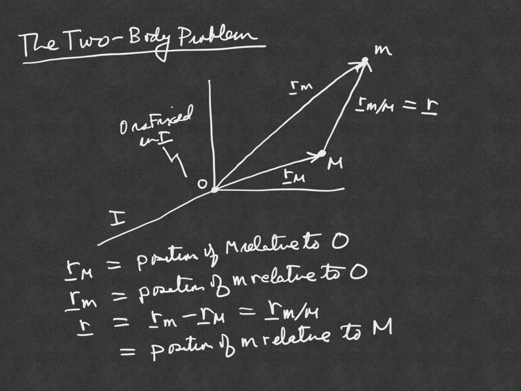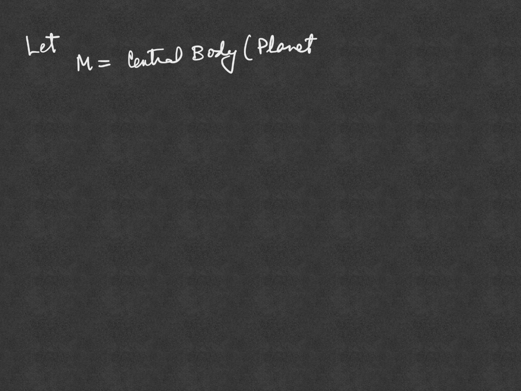Now, in order to be able to identify what these two masses are, the following terminology is going to be used. We're going to say let big M be what's called the central body. Sometimes that's also referred to as a planet, although it need not be a planet. So I'm just going to refer to it as the central body. Little m is going to be the spacecraft.